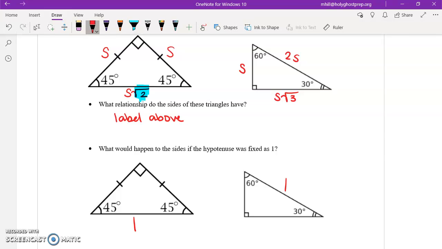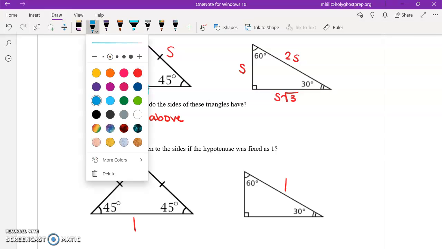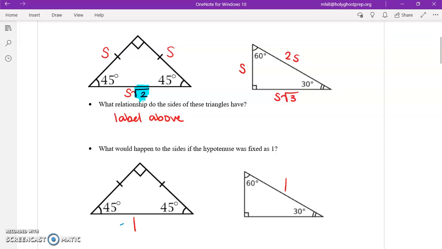So let's change it up here. We are taking this and dividing it by the square root of 2, which would be 1 over root 2. But we know we cannot have a square root on the bottom, so for this side length here, multiply top and bottom by the square root of 2 over the square root of 2. This side length is root 2 over 2, and since they are both the same, both those side lengths would be the square root of 2 over 2. This is going to be very important in a little bit, so I can keep that there.